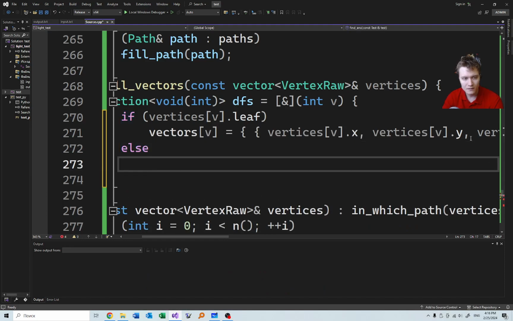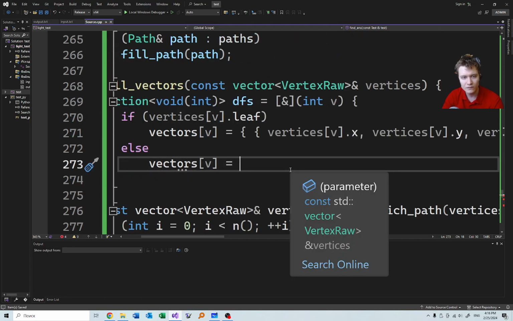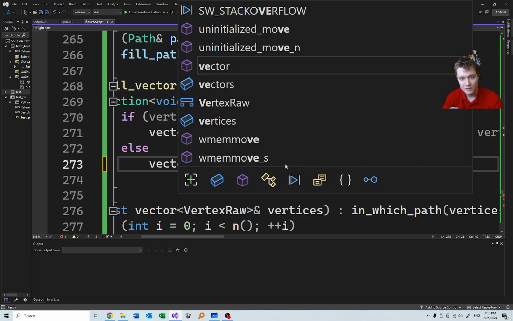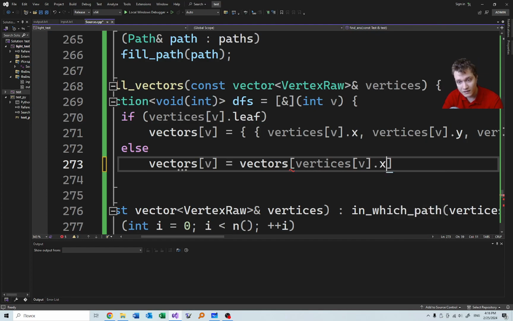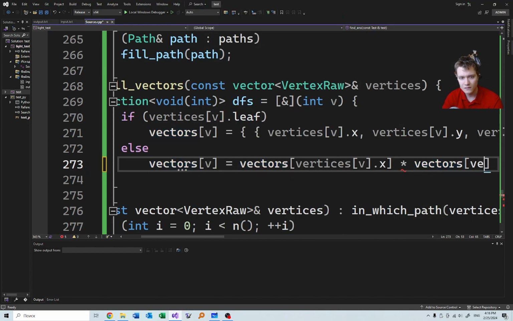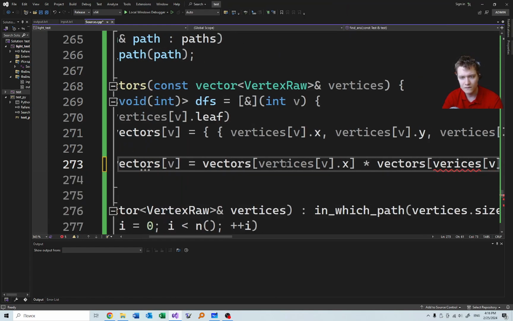But else vectors v is the product of its left and right children. So we say that it is vectors vertices v dot x times vectors vertices v dot y.